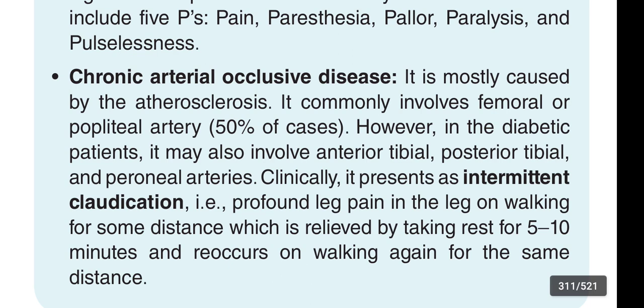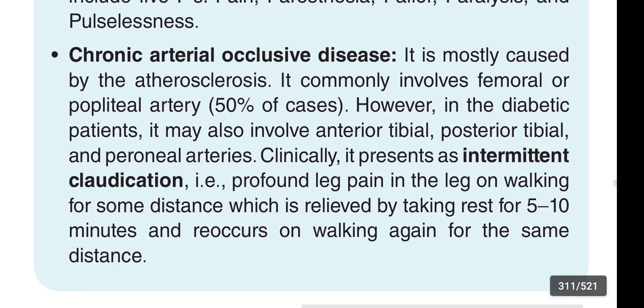Clinically, it presents as intermittent claudication, that is, profound leg pain on walking for some distance, which is relieved by taking rest for 5 to 10 minutes and recurs on walking again for the same distance. This is chronic arterial occlusive disease.